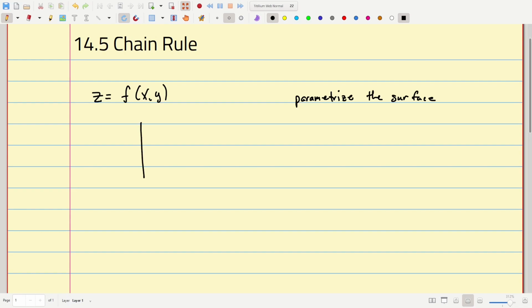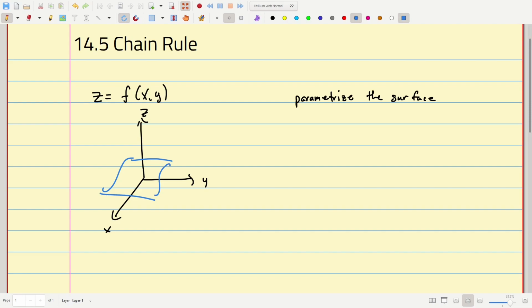So in this picture, what I'm imagining is that we have our xyz axis, and there is some surface that we have that is defined.